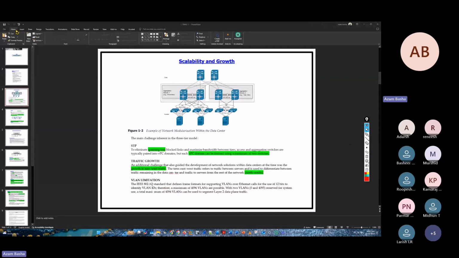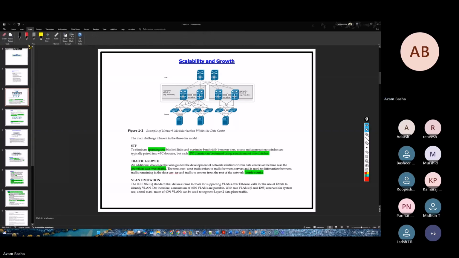You would ask me, 4094 is a very big number. Do you even think there will be so many VLANs possible? Yes, it's a very good question, but I would say that this is a limitation.